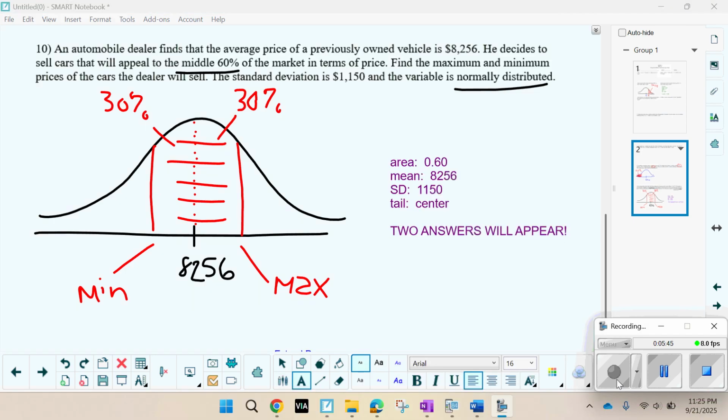So when you get ready to actually push the buttons in the calculator, and again, we're doing inverse norm on this one, you're going to find two answers show up when you hit your enter key. That's because we need a minimum value and a maximum value. All right, take 30 seconds to finish this one up, and then let's get ready to grade.